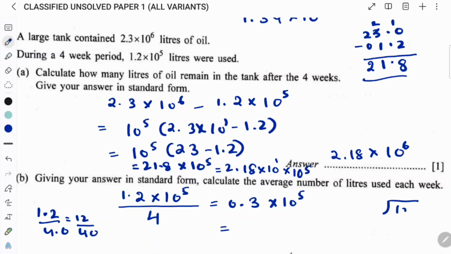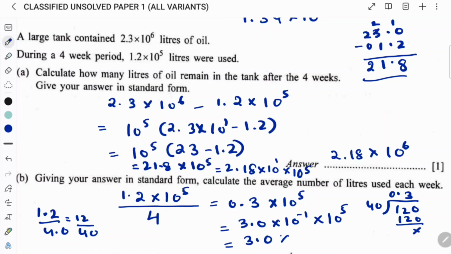Then it is 3.0 into 10 to the power minus 1 plus 5, which is 4. So 3.0 into 10 to the power 4 is the answer for this question.